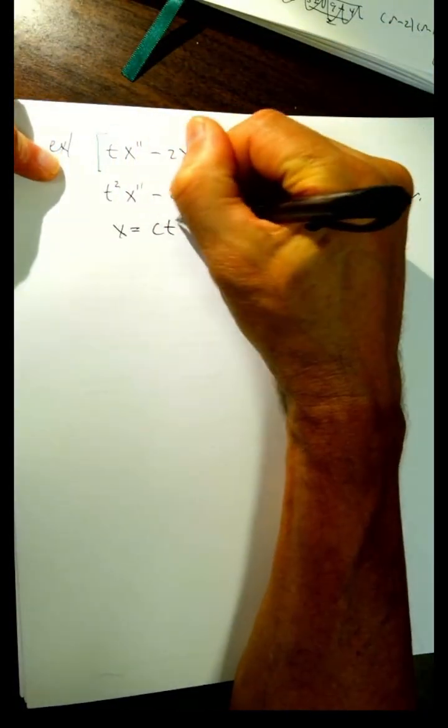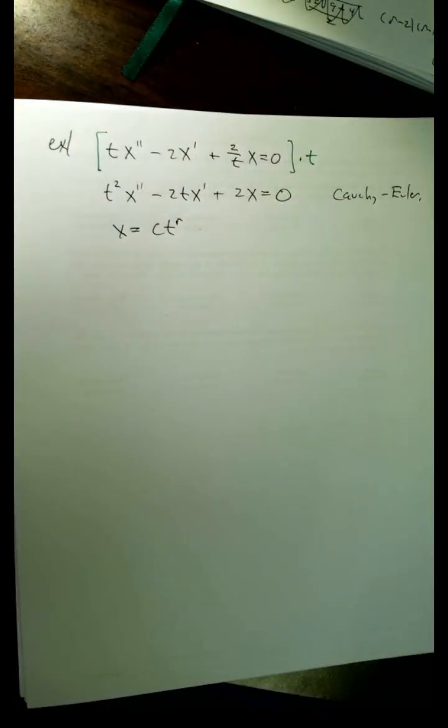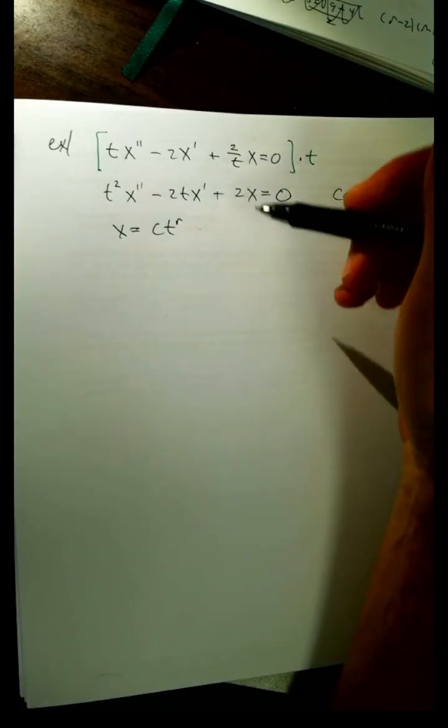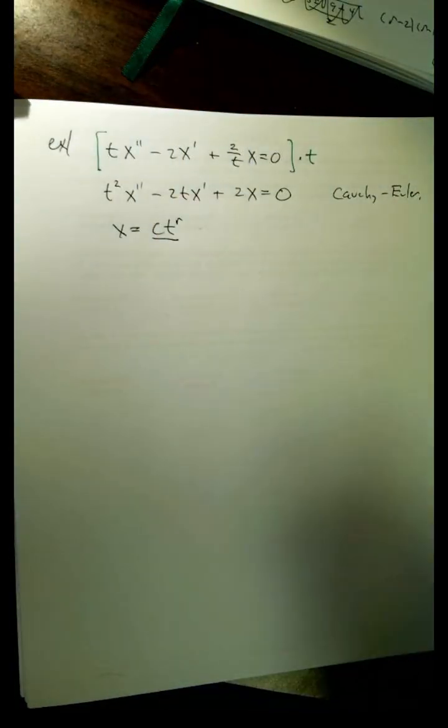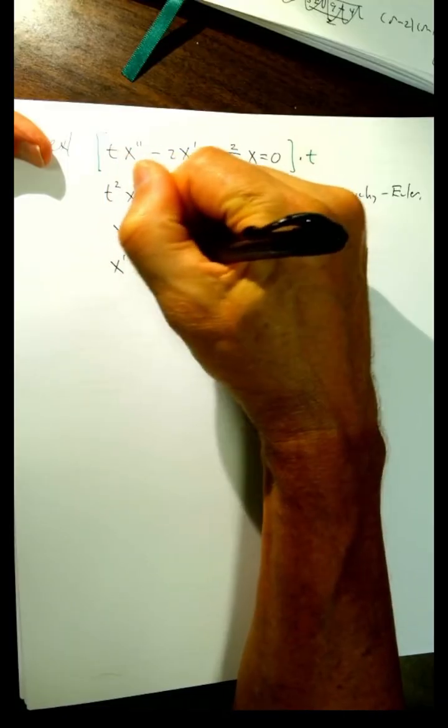And the first step is to make an assumption about what the solution looks like. So we're just going to use something times t to the r. We're going to plug this into the equation, see what it implies about c and r. And again, this is very similar to what we did before with constant coefficient equations. The only thing that's different is this assumption, but the rest of the process is exactly the same.